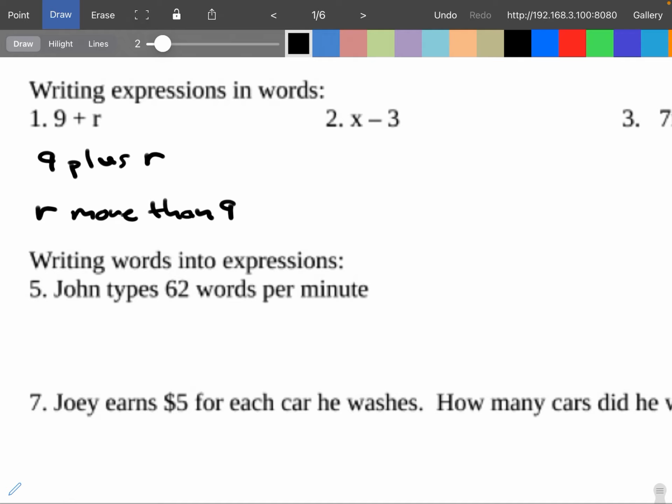What about number 2? What do you guys got? Good. So we'll write x minus 3. Oh, I wrote the symbol instead of the word. So x minus 3. And then maybe for the second one, let's do how about the difference of x and 3?